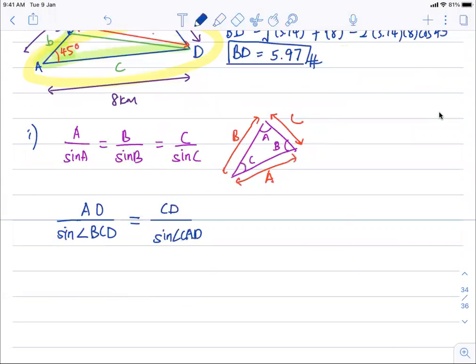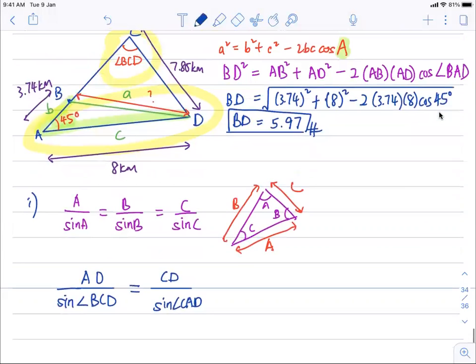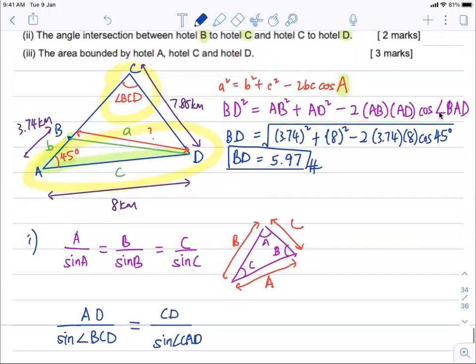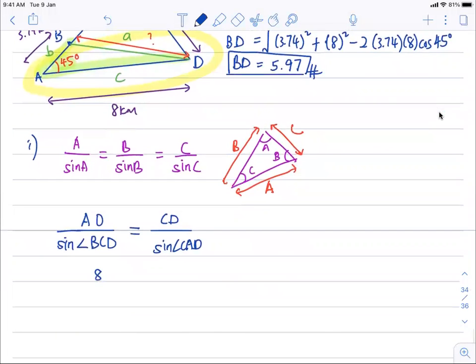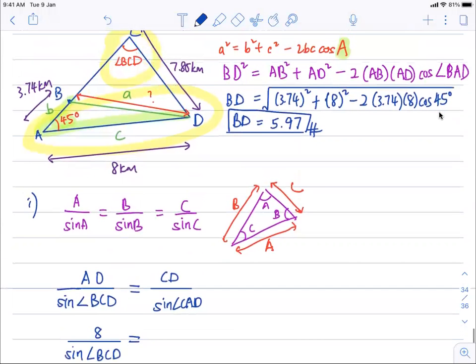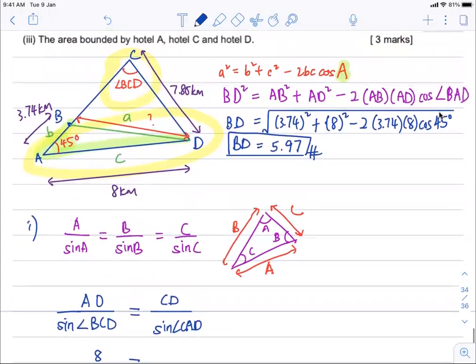Now substitute in the numbers. AD would be 8 km. Sine angle BCD is the unknown we want to find. And then what is CD? CD is 7.85.